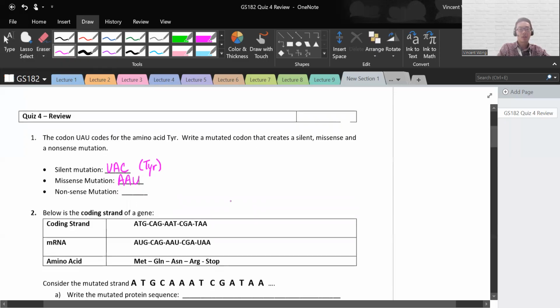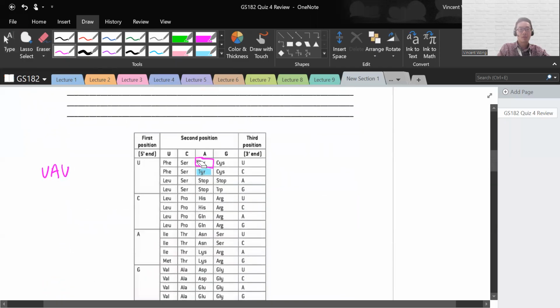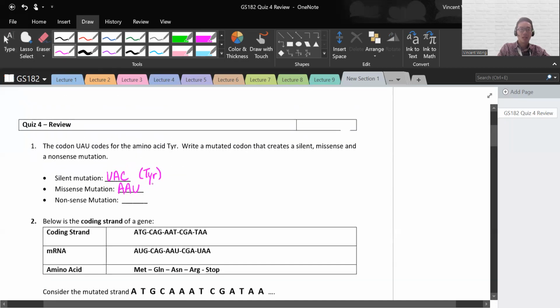Let's take a look at the codon chart and see what AAU codes for. AA, so I'm going to be looking at this box, and AAU codes for ASN, which is again a different amino acid than the original, right? And that's why it's called a missense mutation.